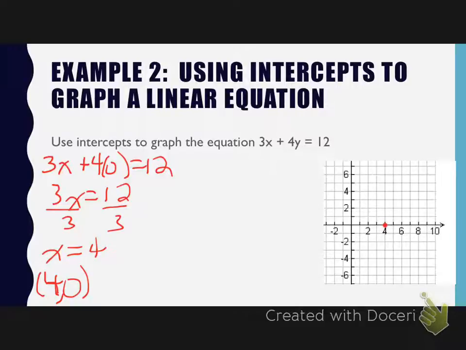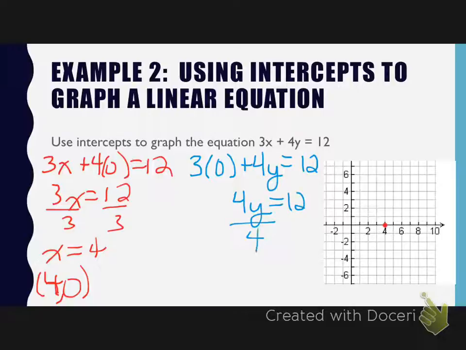Now to find the y-intercept, I'm going to put x as 0 and solve for y. So I've got 4y equal to 12. Divide by 4, and you get y equals 3. So that's going to be the point 0, 3.